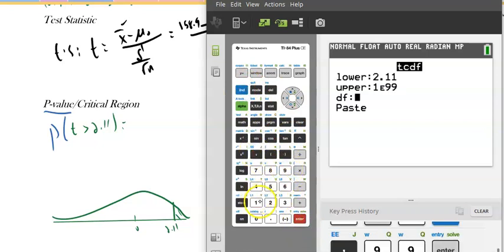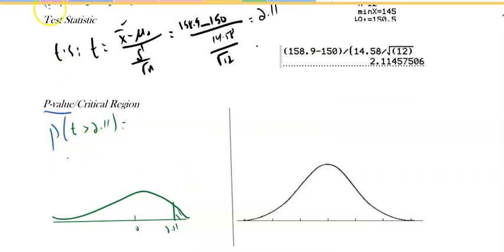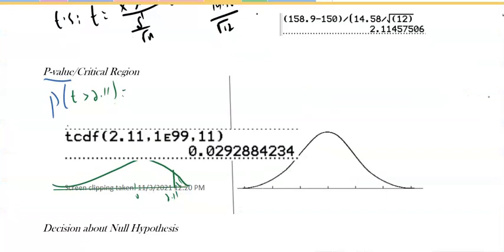In this case they have 12, one less, 11. And tell me what that is. That is almost 3%.